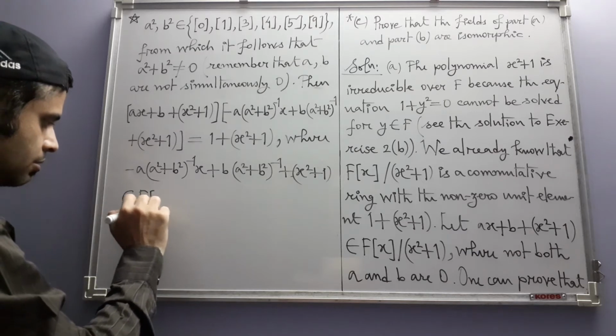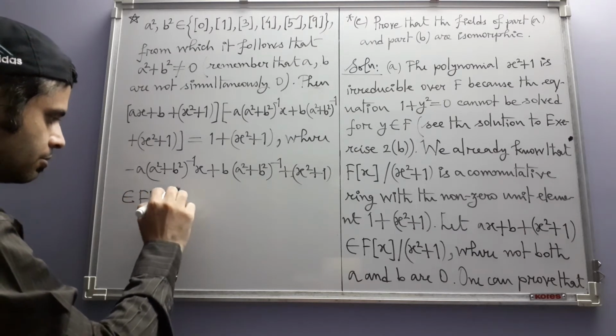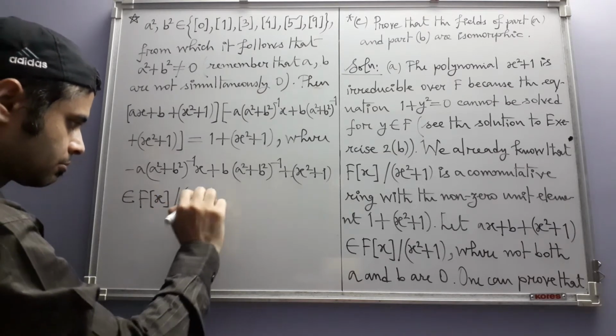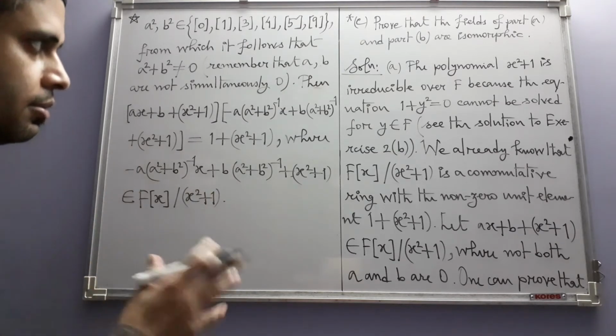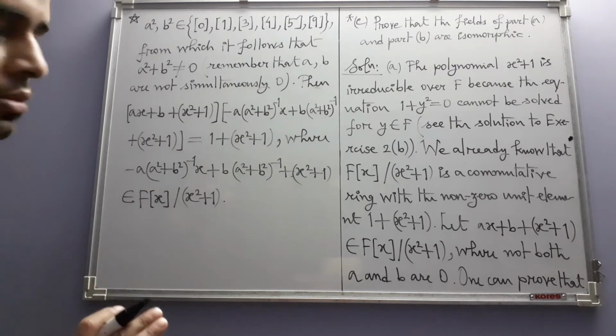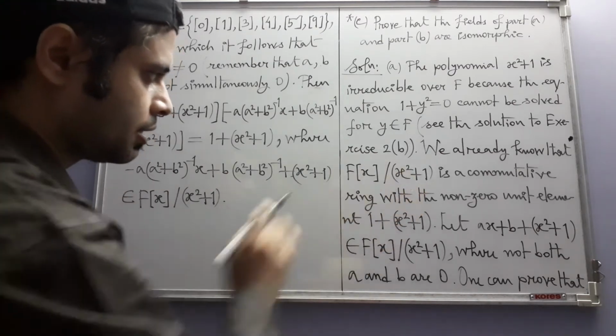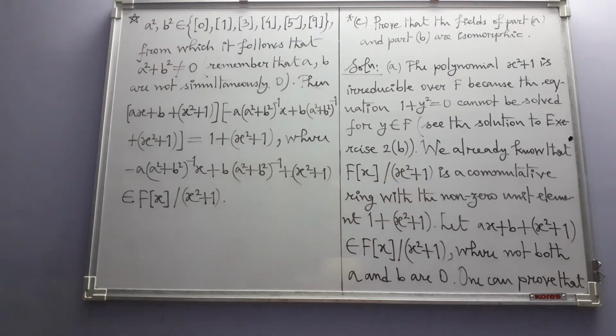This object belongs to this. So that's it. That completes all the things that we need to be able to conclude that this is a field. So that's why this is a field.